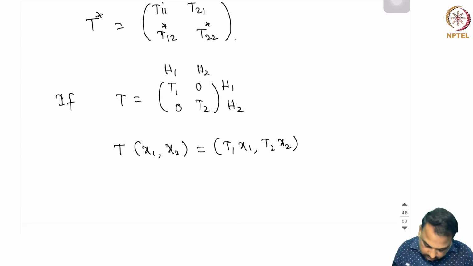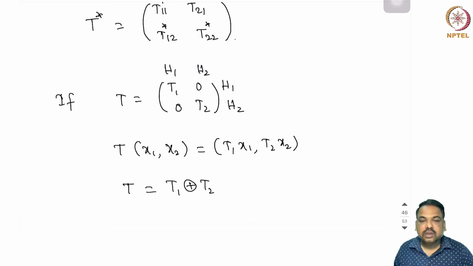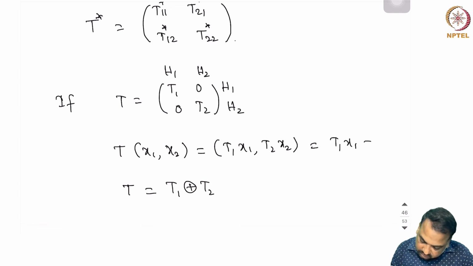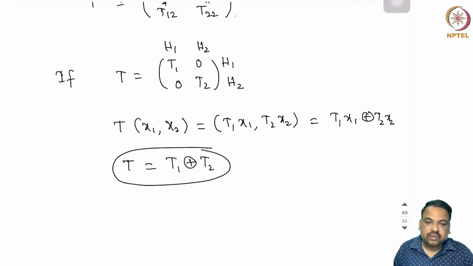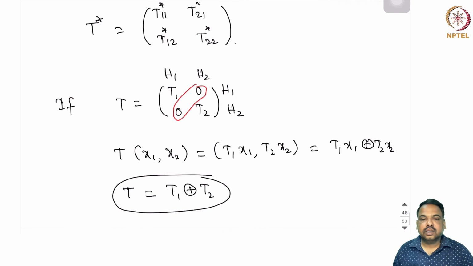So T can be written as T1 direct sum T2, because T1 x1 comma T2 x2 is nothing but the direct sum of T1 x1 plus T2 x2. This is the way we write the direct sum of two operators. If the off-diagonal entries in this operator matrix are 0, we can say that T is nothing but the direct sum of the first operator and the second operator.